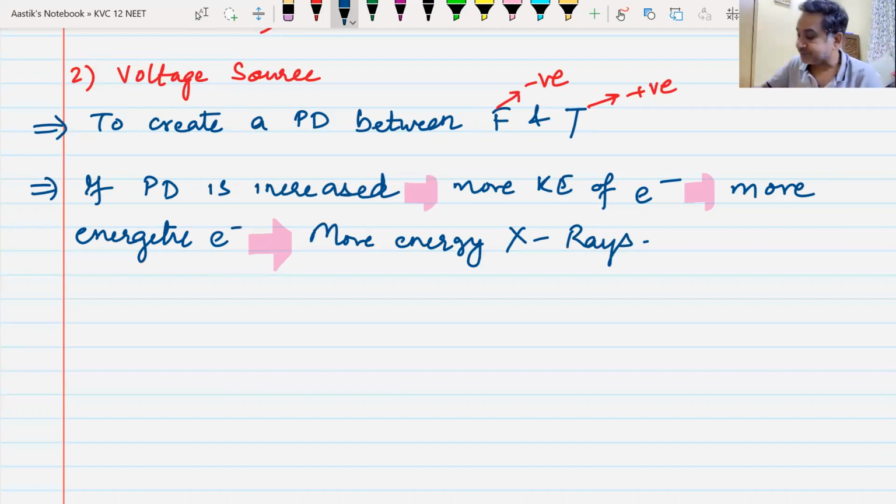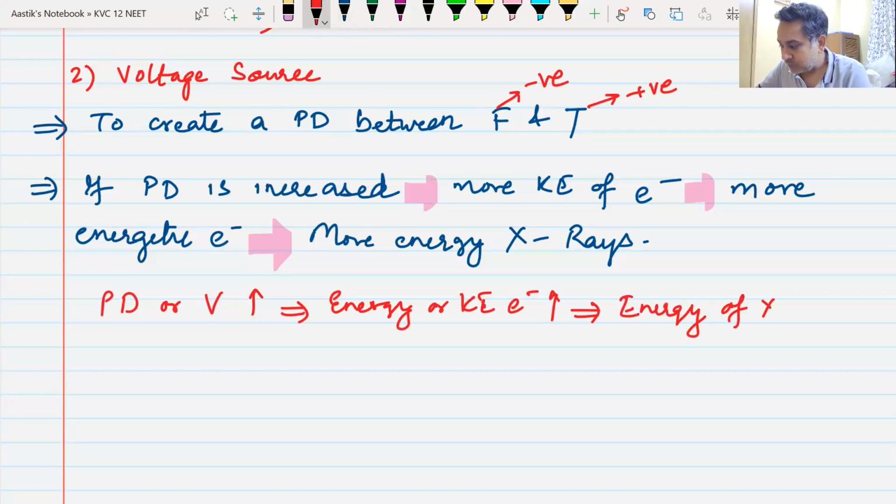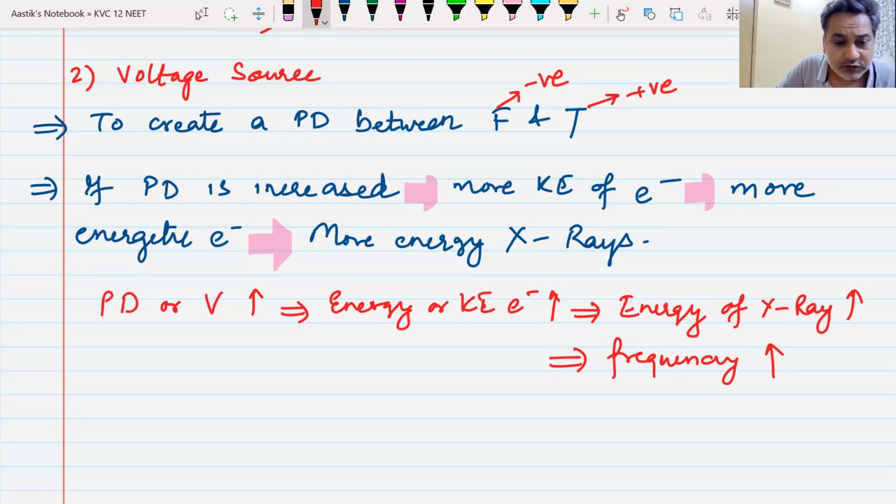So if the potential difference V is increased, the kinetic energy of electrons increases. That implies the energy of X-rays increases, which implies the frequency of X-rays increases. You understand frequency? Please note this down.